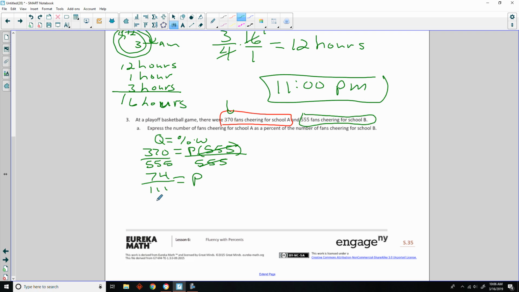Okay, so 37 will go into 74 2 times. 37 will go into 111 3 times. So my percent is 2/3, which is approximately 66.7%. Or 66 and 2/3%.